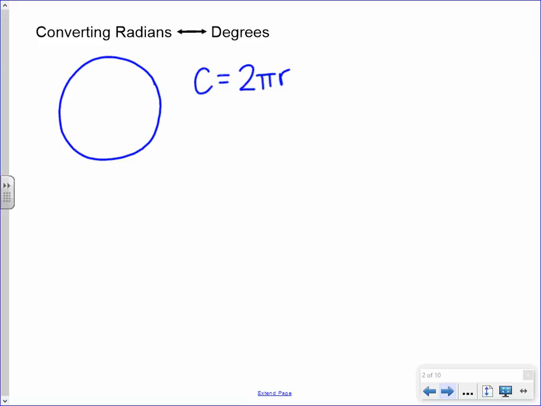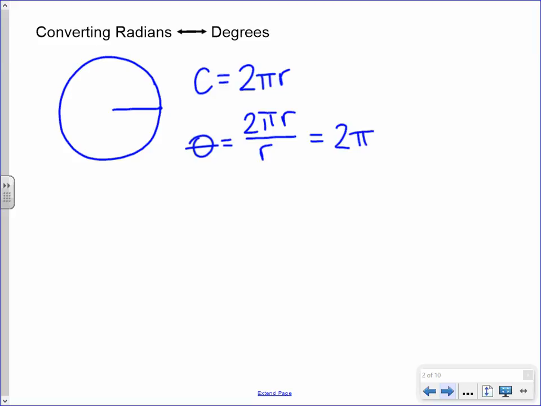So if I have just an entire circle where we are talking about an angle that is all the way around, then our angle is arc length divided by radius, and circumference is the arc length. Well, in this case, arc length divided by radius simplifies down to 2 pi.